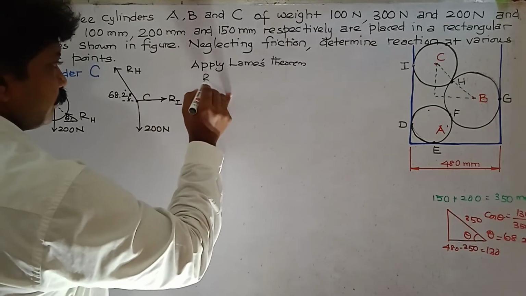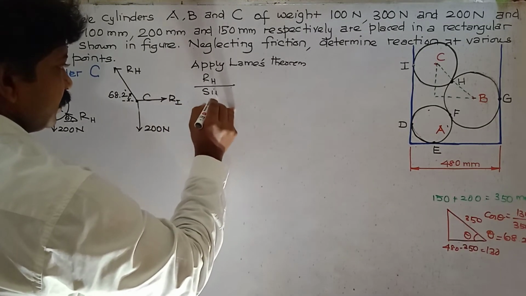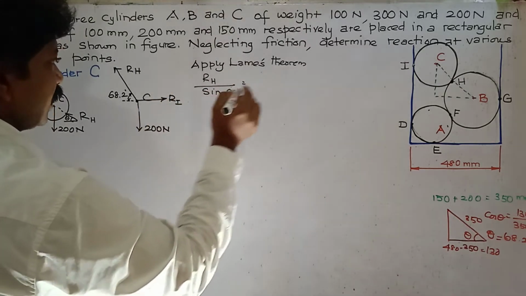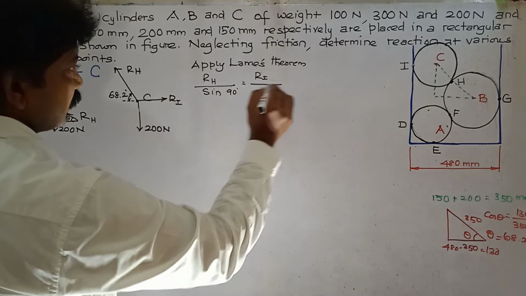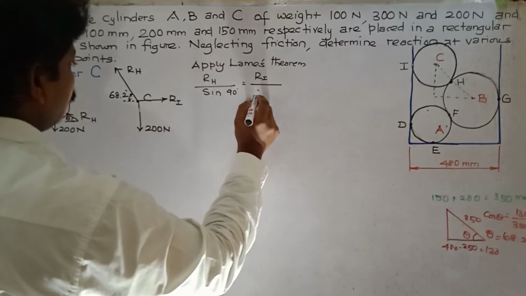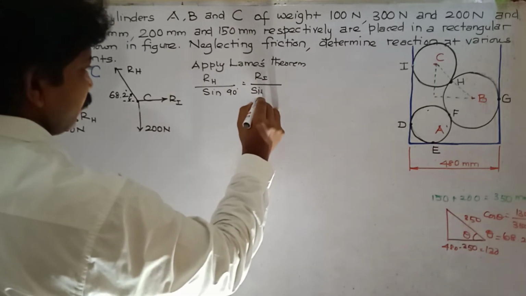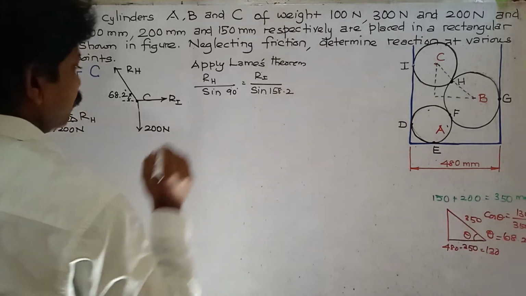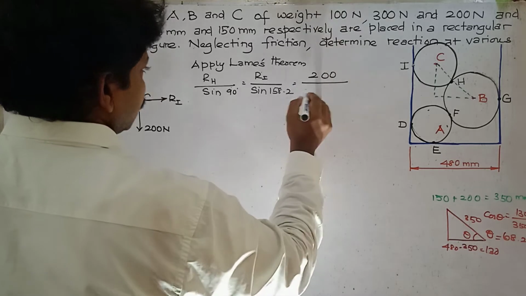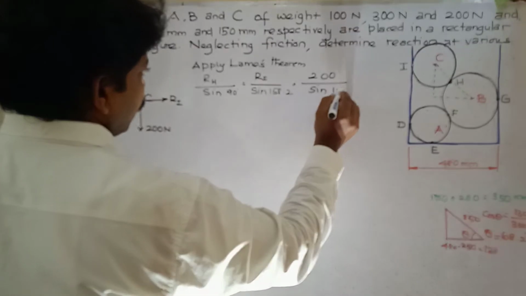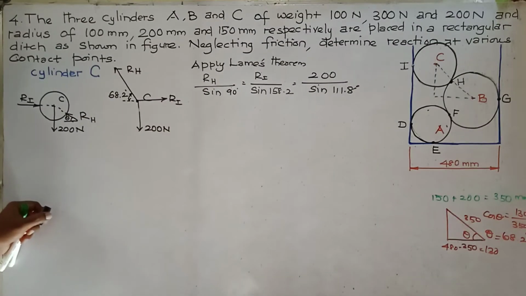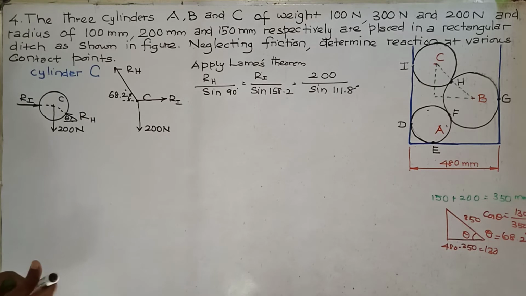RH divided by sin 90 equals RI divided by sin of 90 plus 68.2, so sin 158.2, and then 200 divided by sin 111.8. 180 minus 68.2 equals 111.8 degrees.